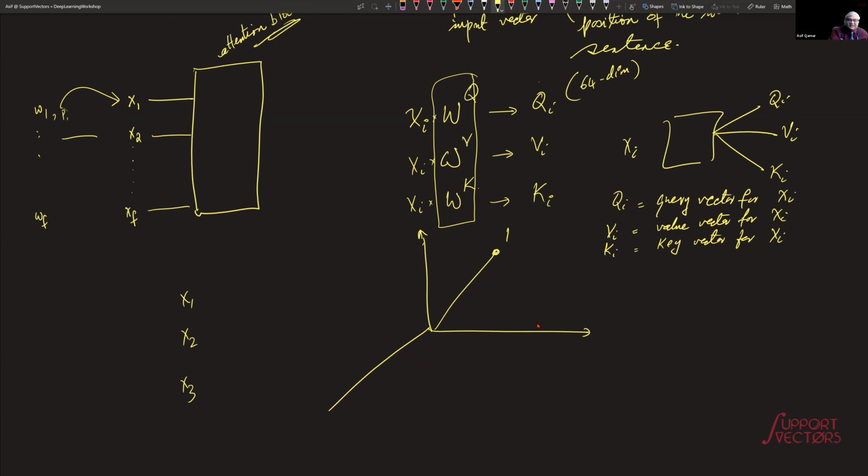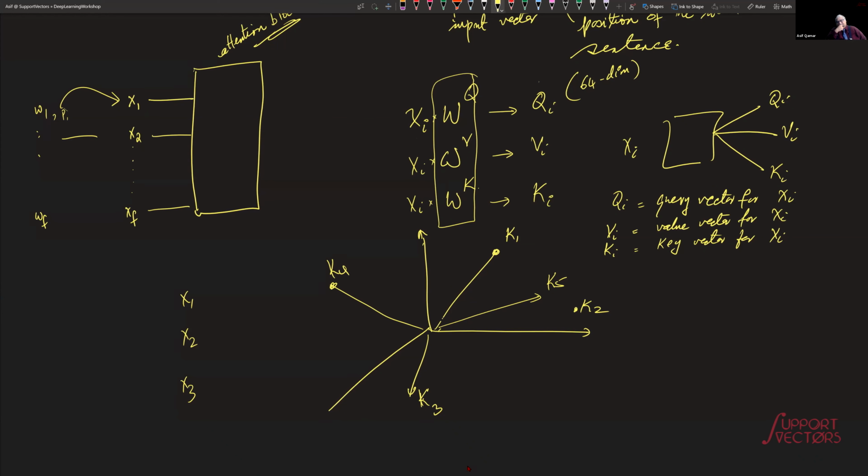Somewhere there is a point K1, somewhere there is a point K2, K3, K4, and K5.